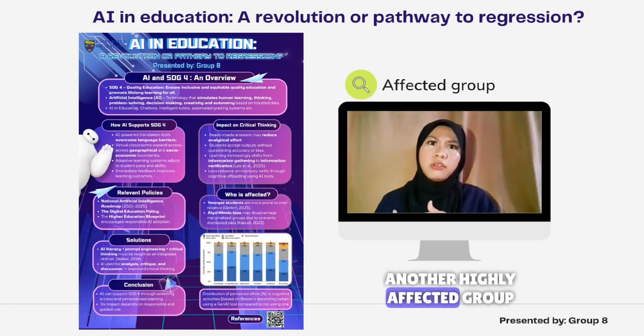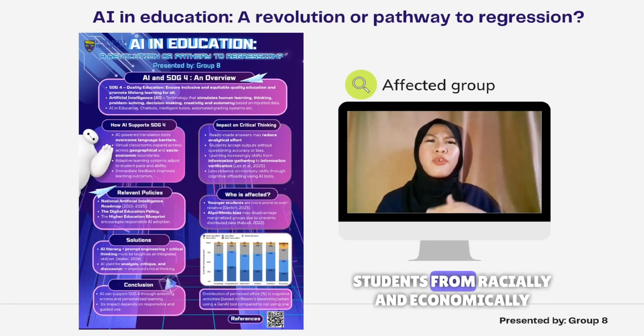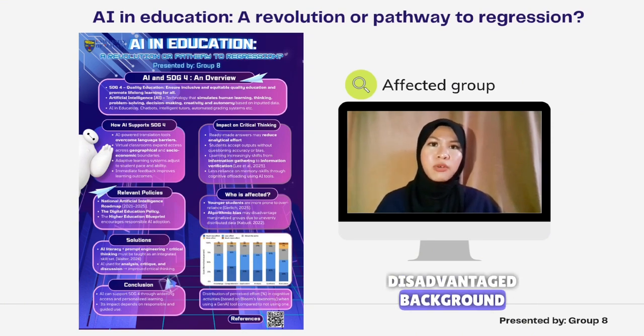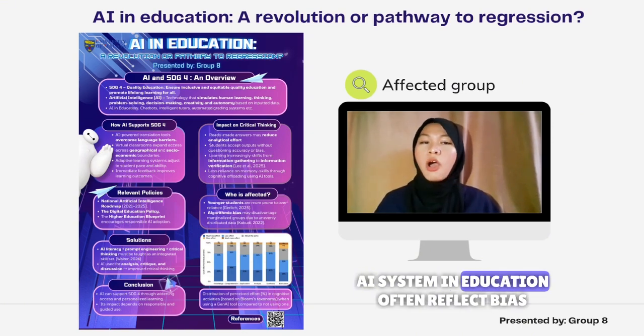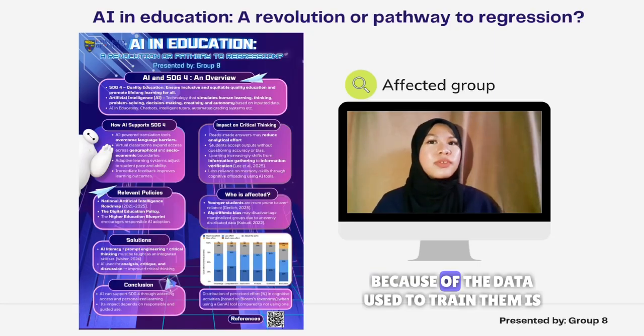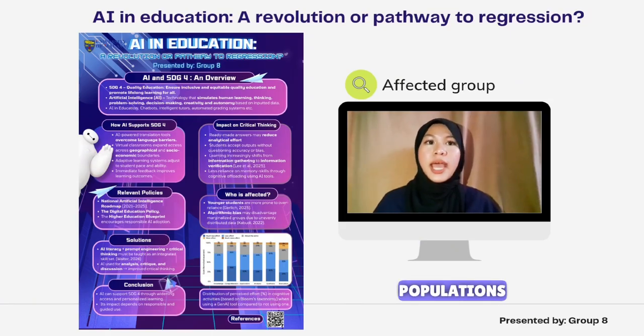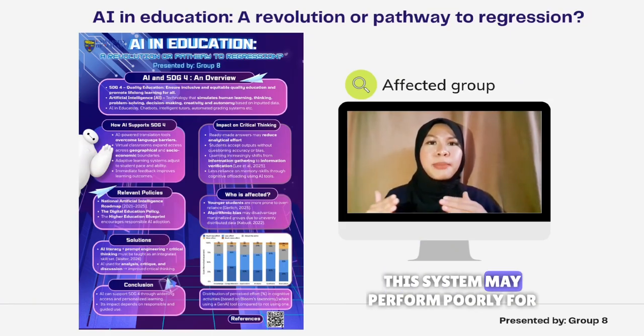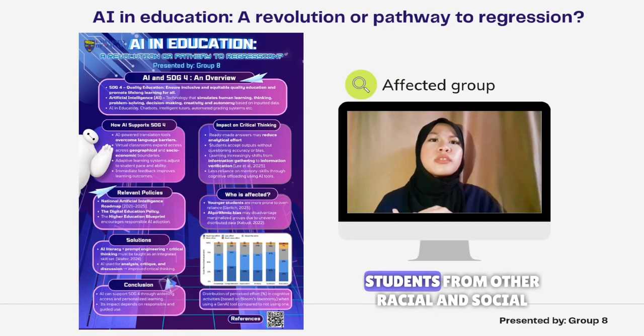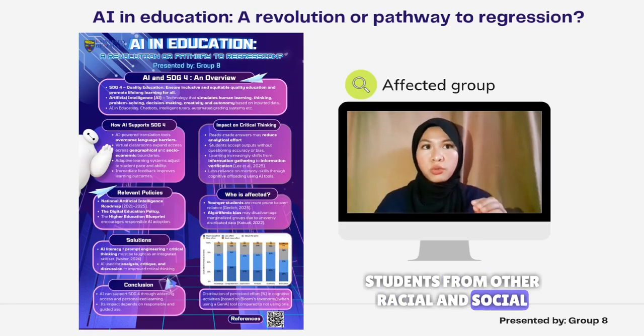Another highly affected group includes students from racially and economically disadvantaged backgrounds. AI systems in education often reflect bias because the data used to train them is largely produced by and for white male populations. As a result, these systems may perform poorly for students from other racial and social groups.